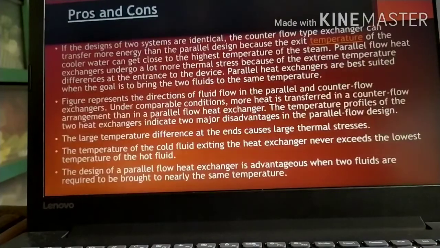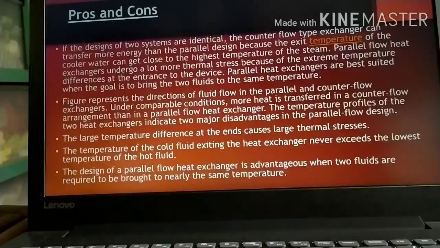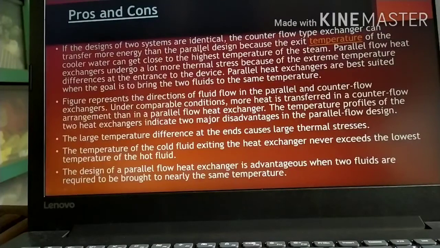So these are the pros and cons of parallel and counterflow heat exchanger. If the designs of two systems are identical, the counterflow type exchanger can transfer more energy than the parallel design, because the exit temperature of the cooler water can get close to the highest temperature of the steam.